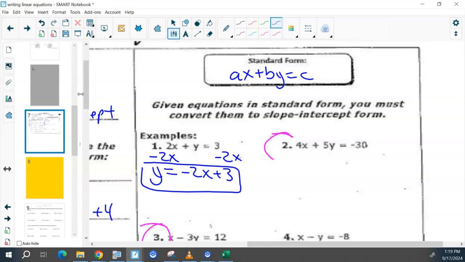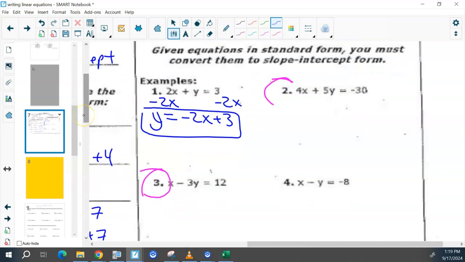Let's do another one. So in number 2, same process, we're trying to get y by itself. So we would do what first? Subtract 4x to the other side. I'm going to switch these two, so it's negative 4x minus 30.